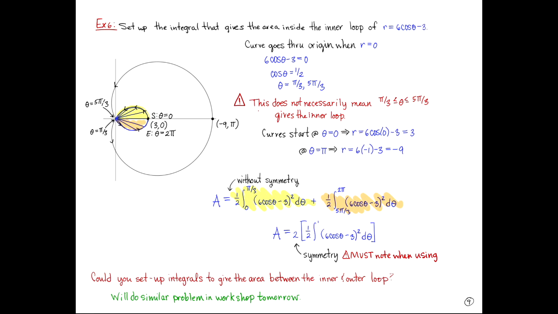Of course, it's always easier to use symmetry when you can, and so if we just were looking at the first quadrant, we'd have the integral from 0 to pi over 3 of 6 cosine theta minus 3 quantity squared, half of that, and then because of the symmetry, we multiply by 2.